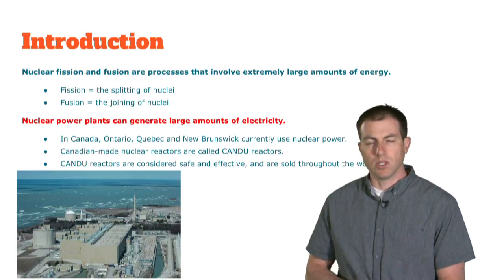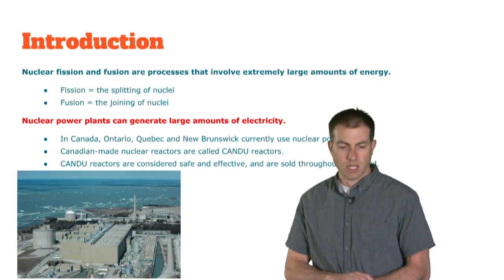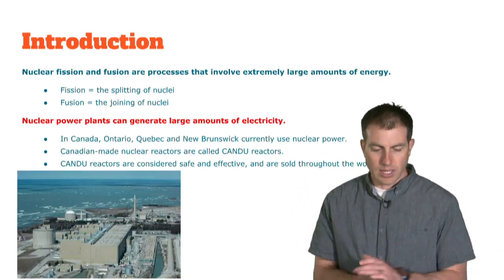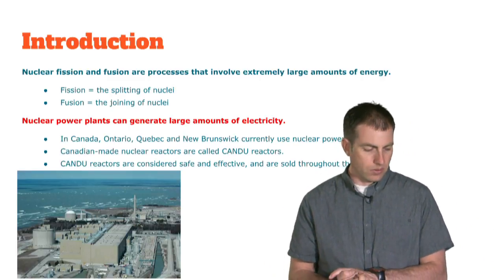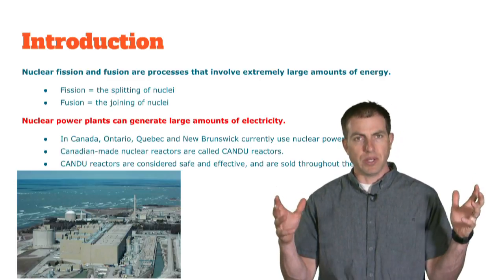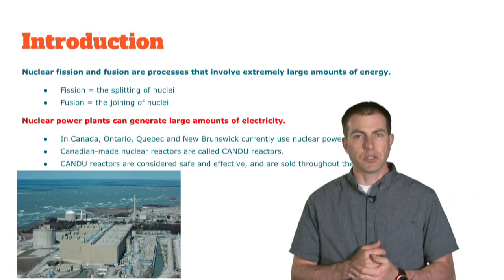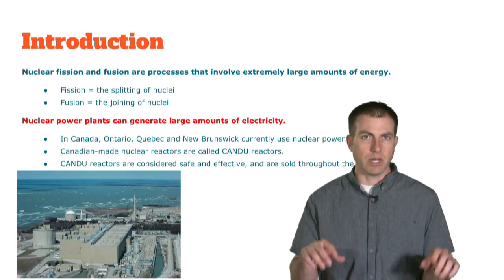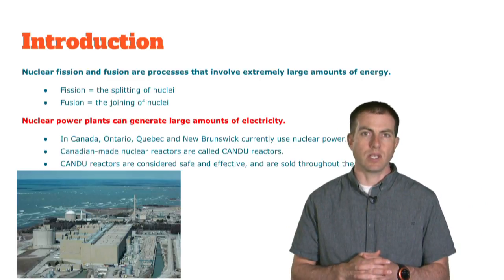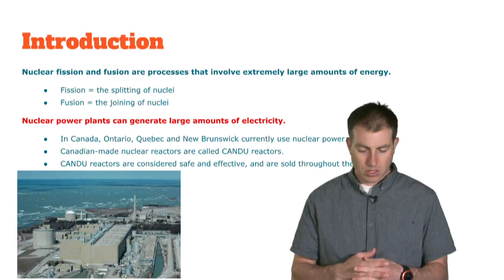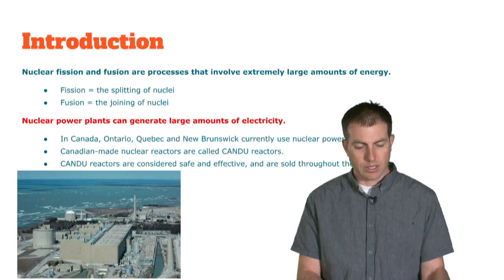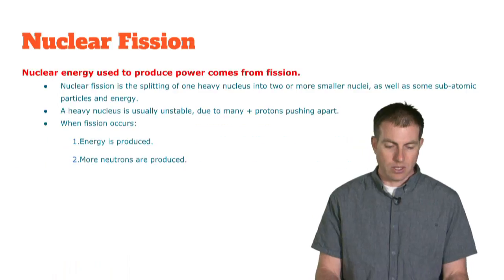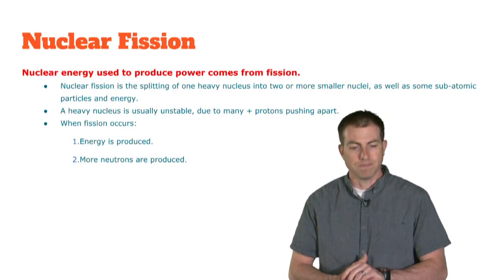Then the Canadian Nuclear Power consortium would go over and build the reactor for that country. They'd show them what buttons to press, how it works and how to maintain it safely. And then the other country would have our Canadian reactor, and they could use it to generate power.